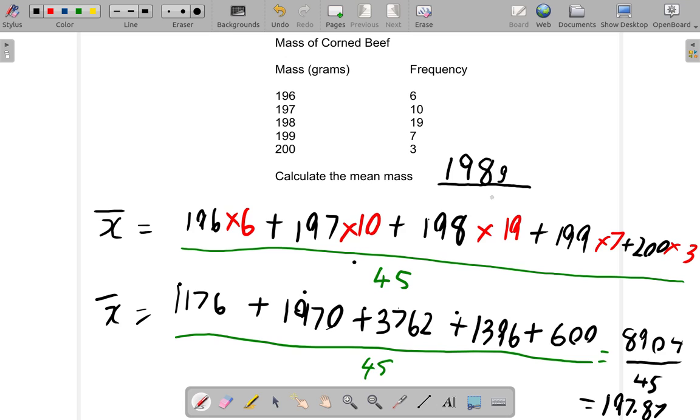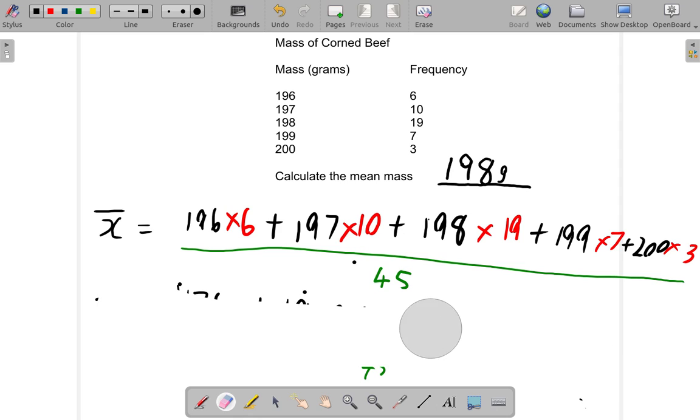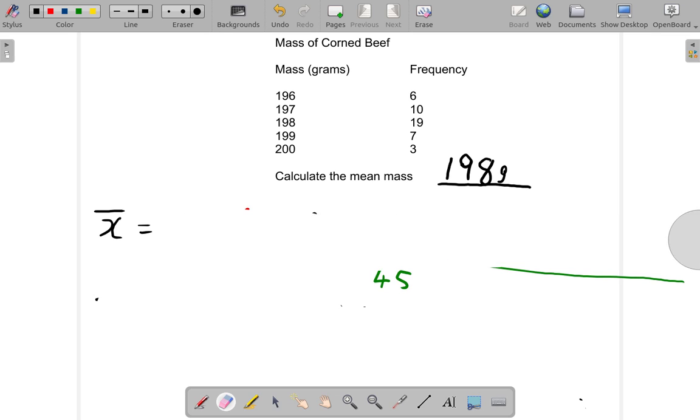So you have to be careful when you calculate the mean from a frequency table. Now, let us erase these and write a general formula for calculating the mean from a frequency table.